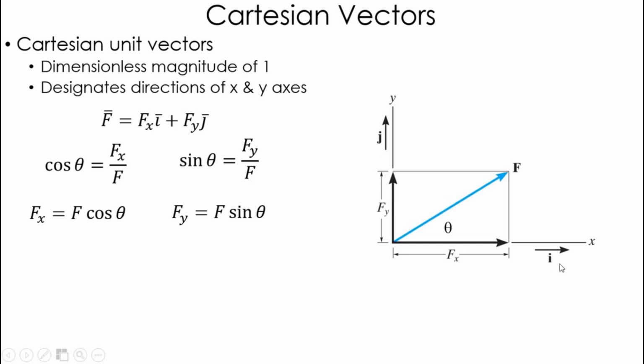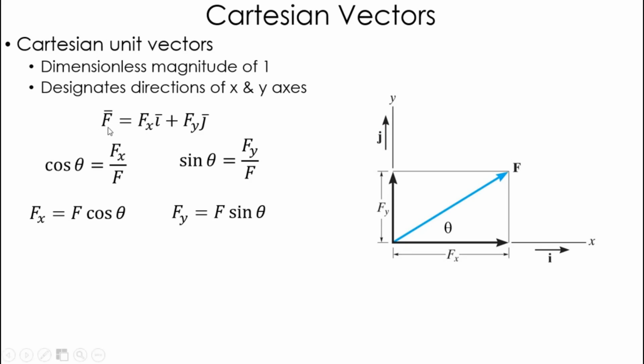So if I multiply any scalar times the i vector, I'm saying that that scalar, that magnitude, is in the x direction. If I multiply it times the j vector, I'm saying it's in the y direction. And because the magnitude is 1, I'm not changing the value of the magnitude. Okay, I'm just giving it a direction.